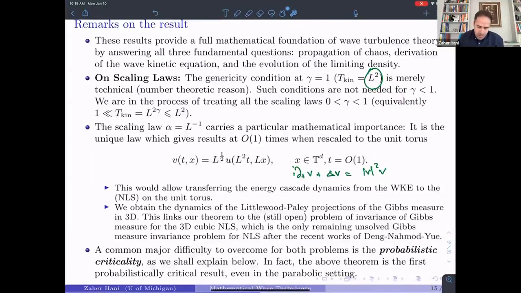Okay, so what's common between our problem and this problem of invariance of 3D cubic NLS is that both problems are what is called probabilistically critical. And I will explain what this means in a few minutes. And in fact, this theorem that I just stated for you is the very first probabilistically critical result, including in the parabolic setting.